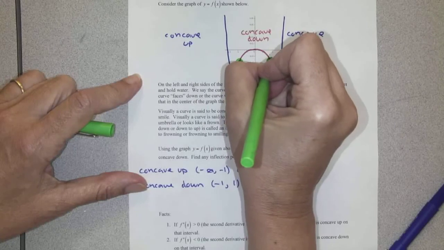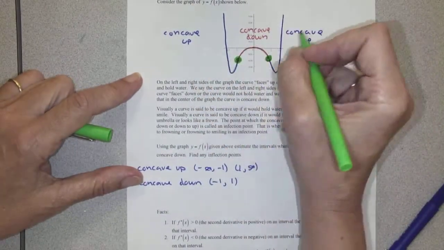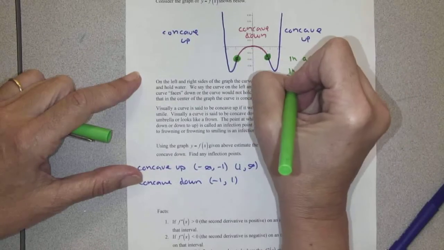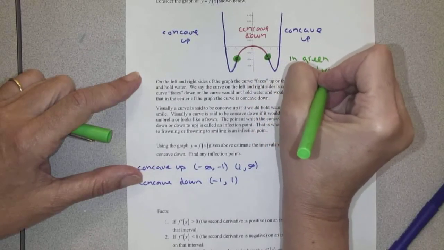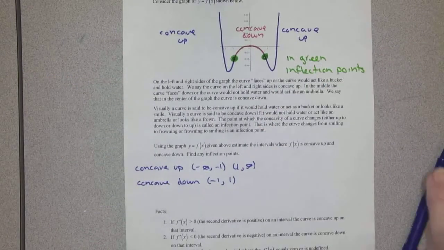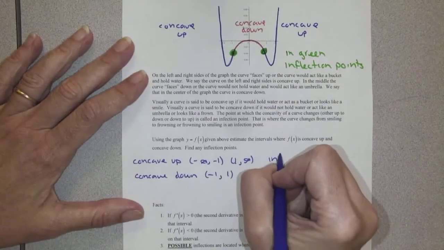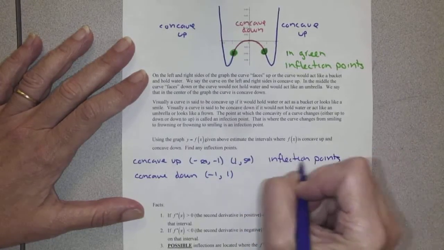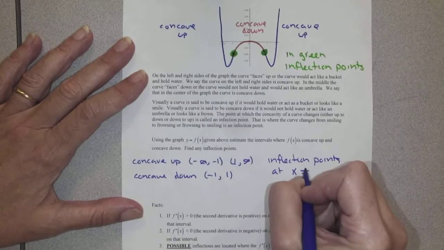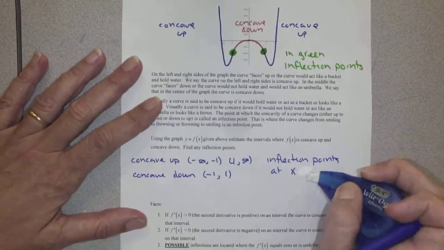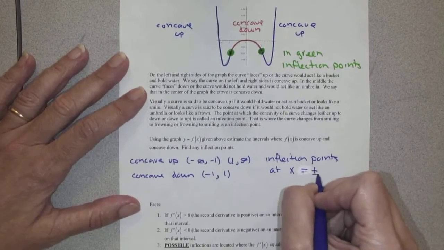So we'll make great big green inflection points, in green. And so it looks like we have inflection points at x equals plus or minus 1.